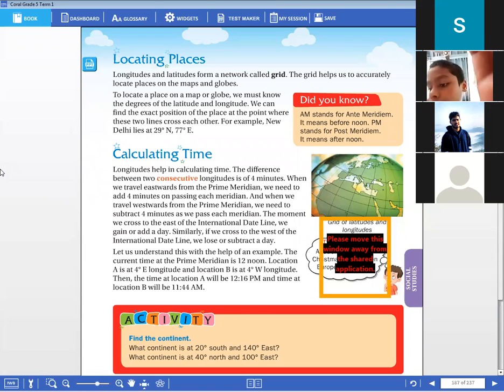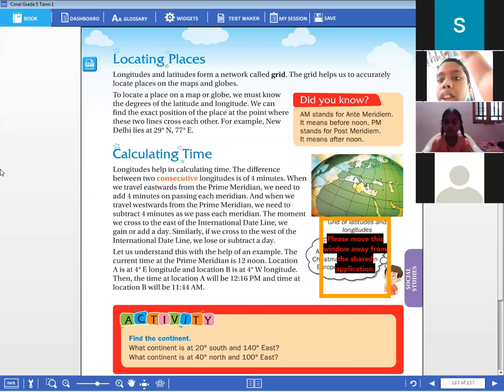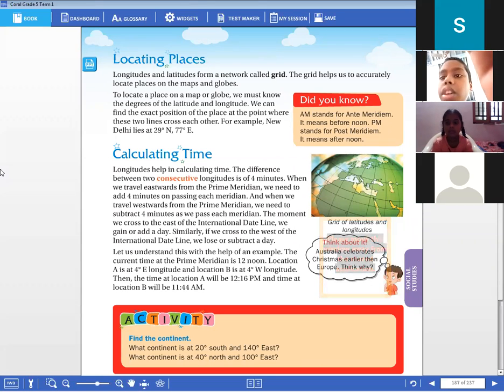But when you say, find the place at 29 degrees north and 77 degrees east and tell me the place, it will be difficult for them. They have to find the place, then name it and tell you. This is really a very interesting segment, children. You can play with it.